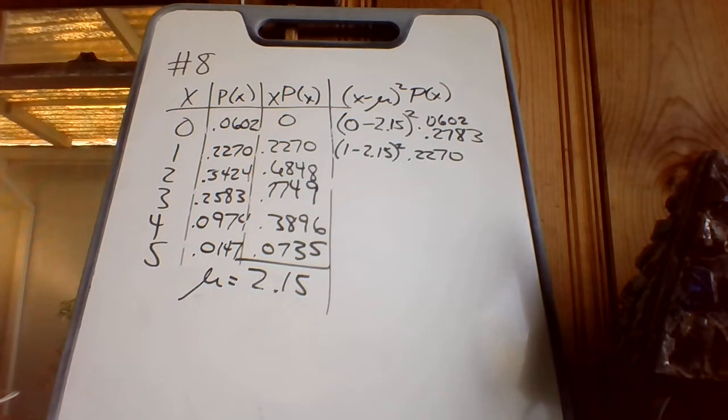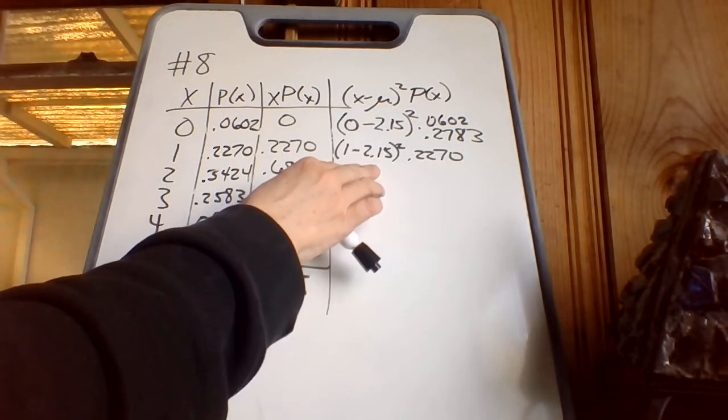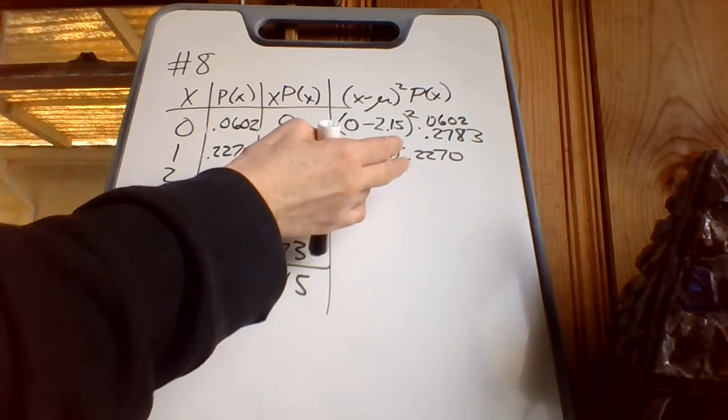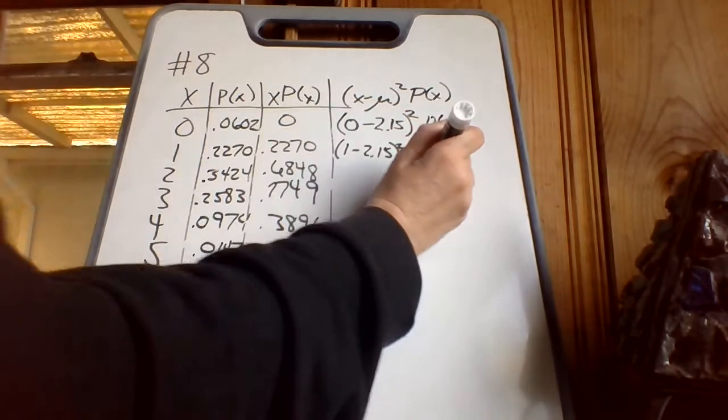Again, you've got to follow order of operations and start inside the parentheses. Negative 1.15 squared comes out as a positive, and then multiply by 0.2270, and I get 0.3002.